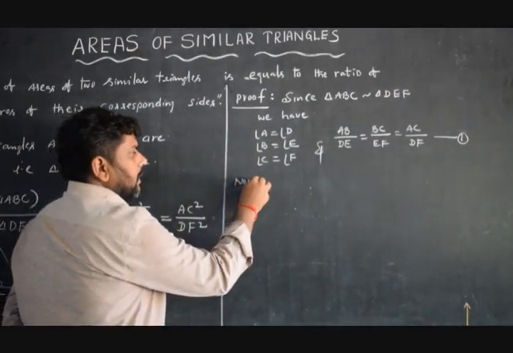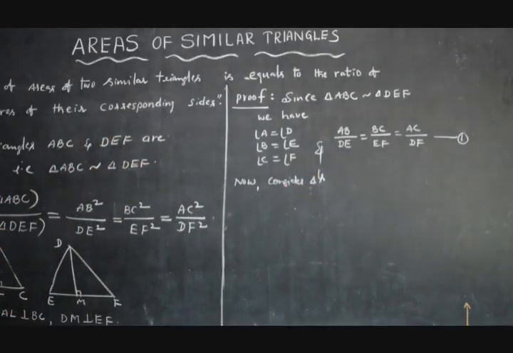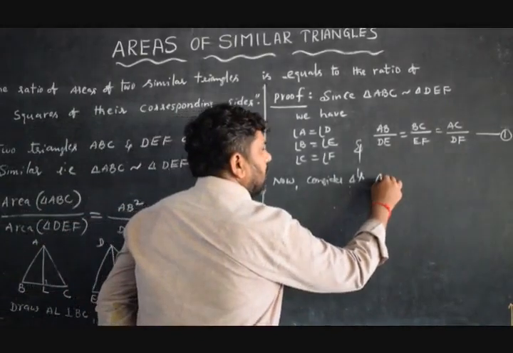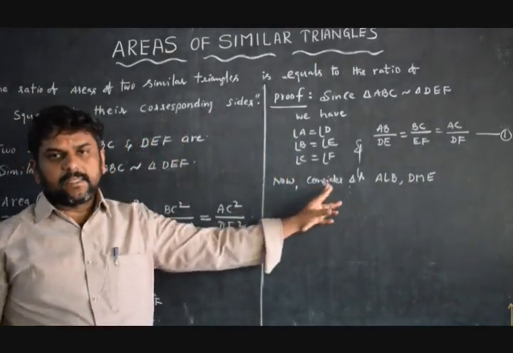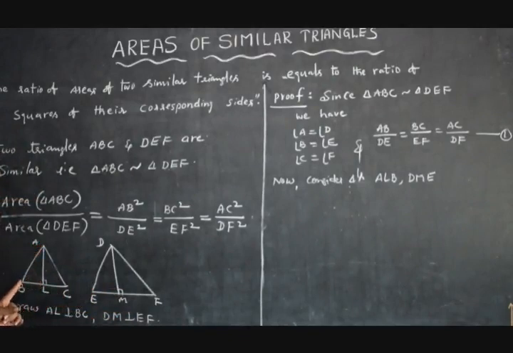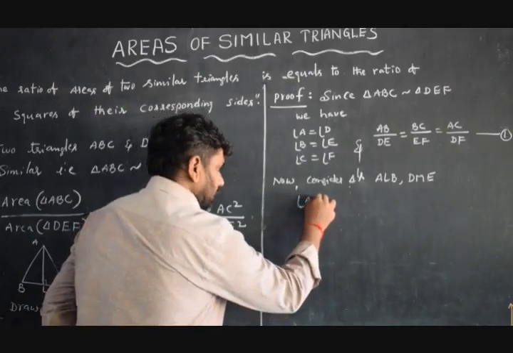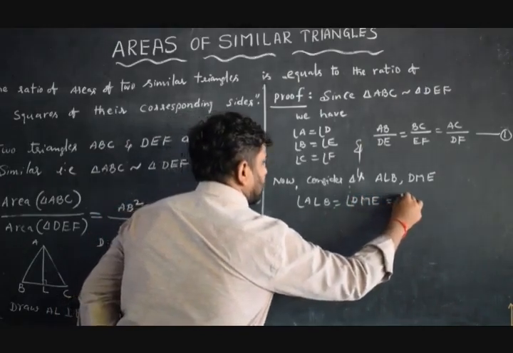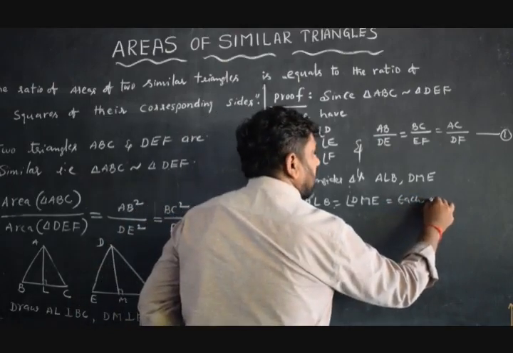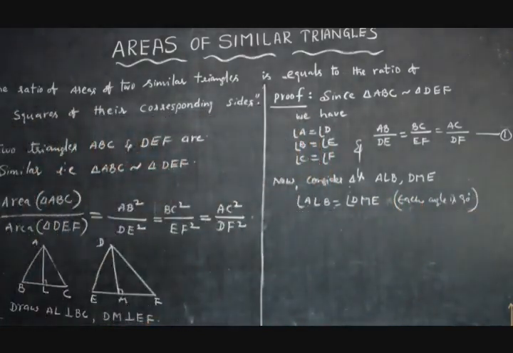Now consider triangles ALB and DME. From these two triangles we can compare that angle ALB is equal to angle DME, each angle is 90 degrees.